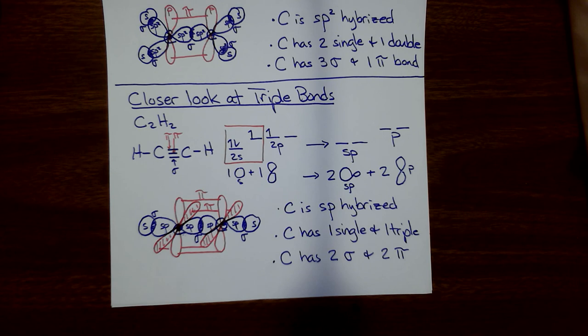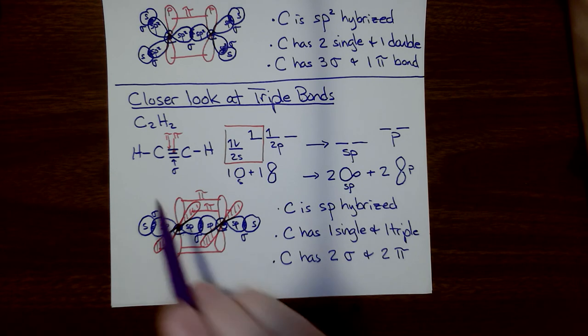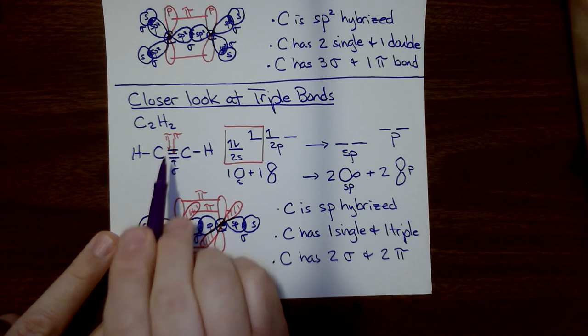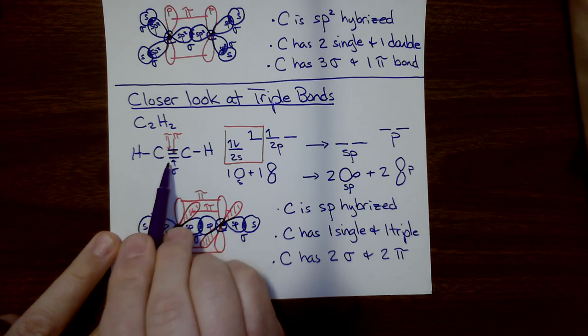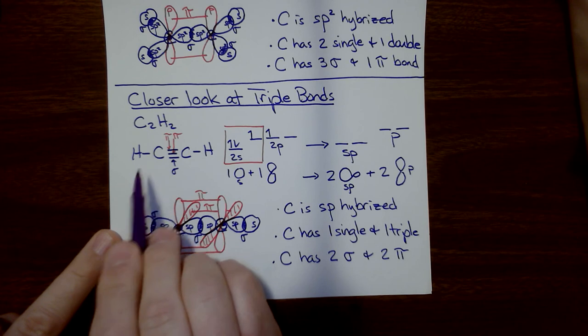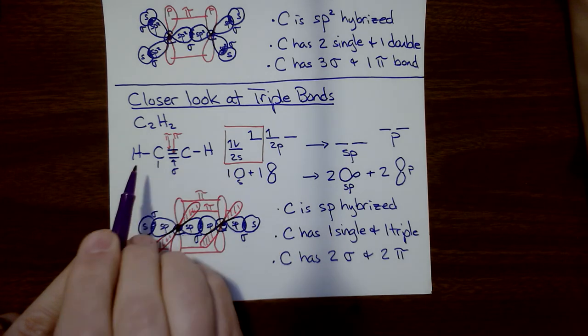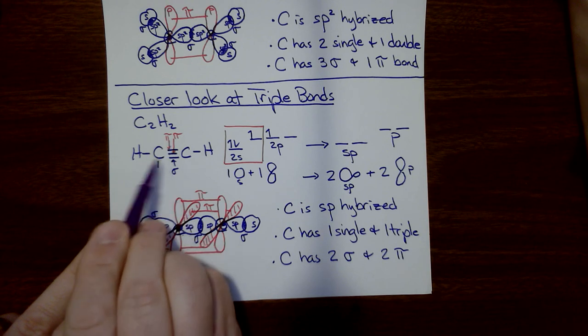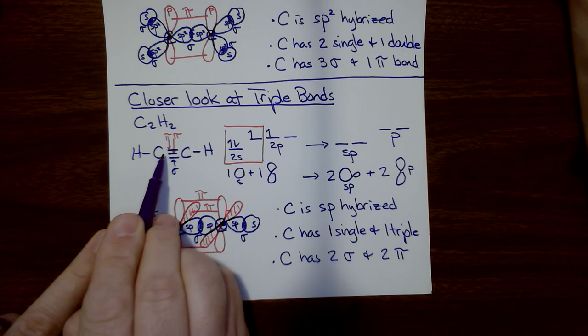So again, let me review quickly. A triple bond is made up of 2 pi bonds and a sigma bond. If I just look at this one carbon right here, it's going to have 2 sigmas and 2 pi bonds, and that is sp hybridized. And if you'll notice, it has 2 electron domains.